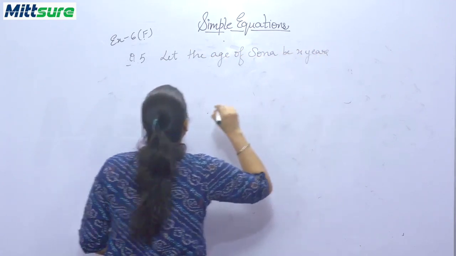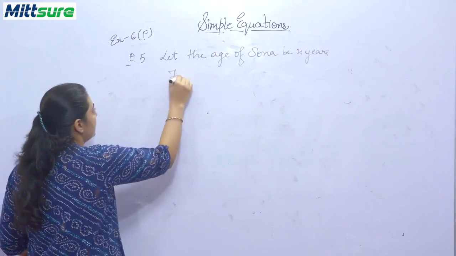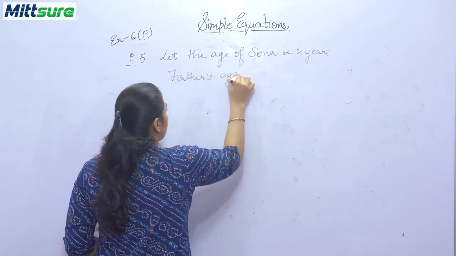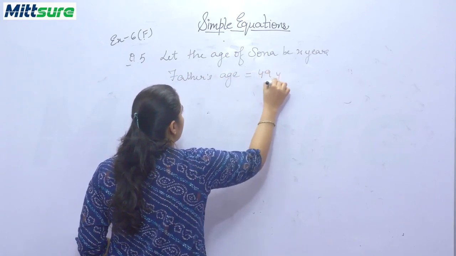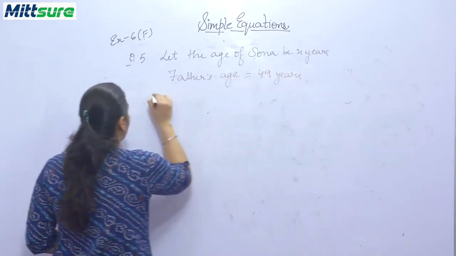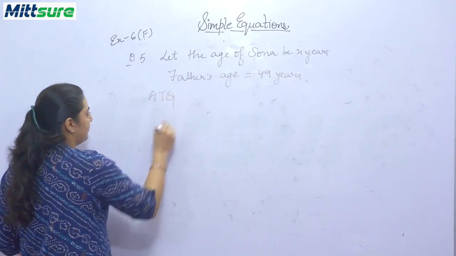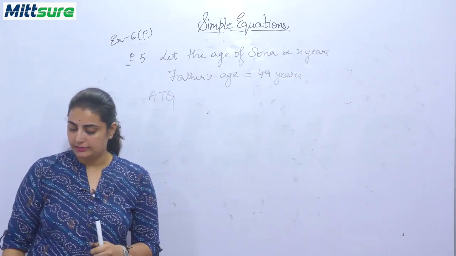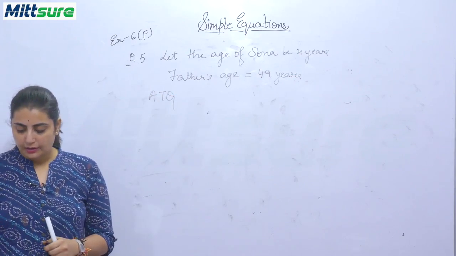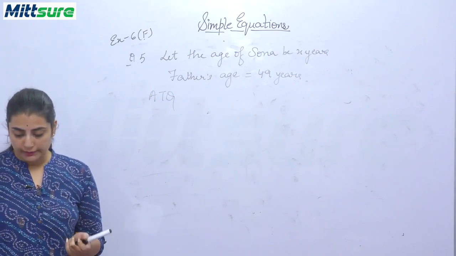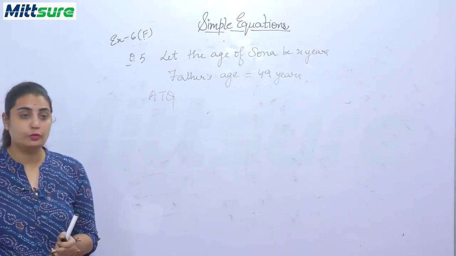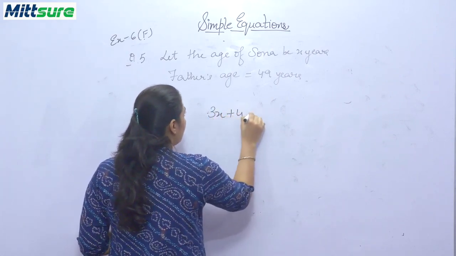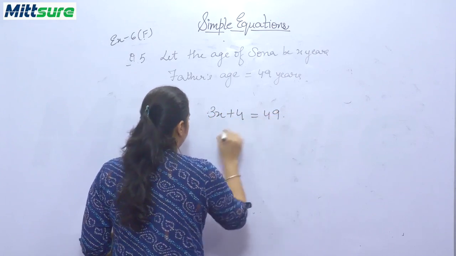Father's age is equal to 49 years. Now, according to the question, we will be framing the equation. The equation that is framed is: he is 4 years older than 3 times Sona's age. That means 3x plus 4 equals 49.